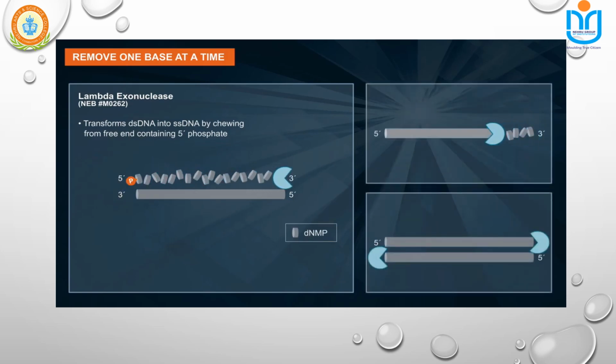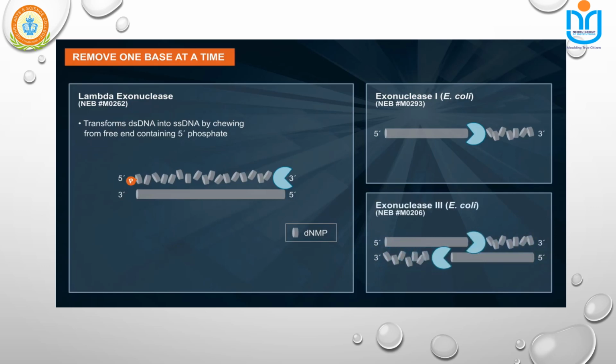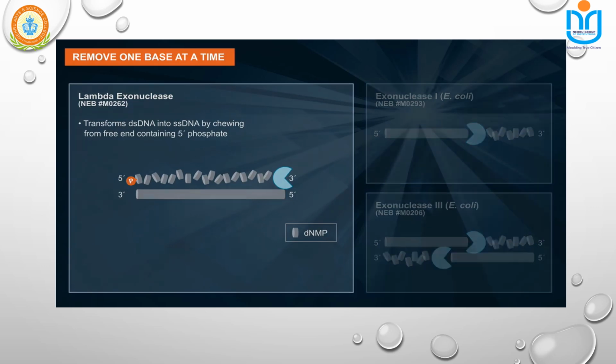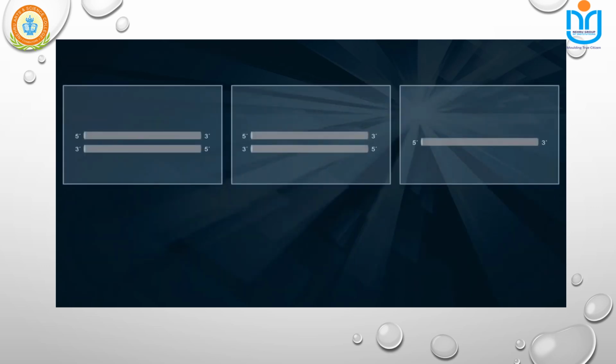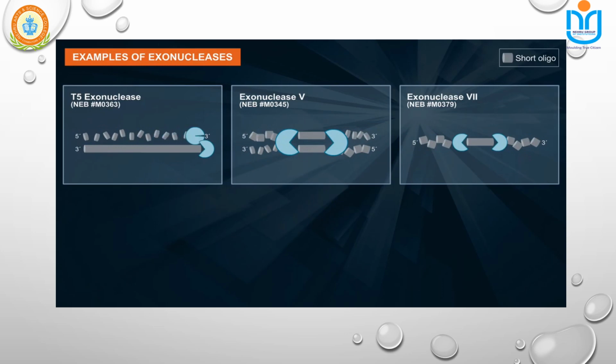Other examples are EXO1 and EXO3. Other exonucleases, such as T5, EXO5, or EXO7, remove short oligos. The products of T5-exo and EXO5 digestion also include individual bases.